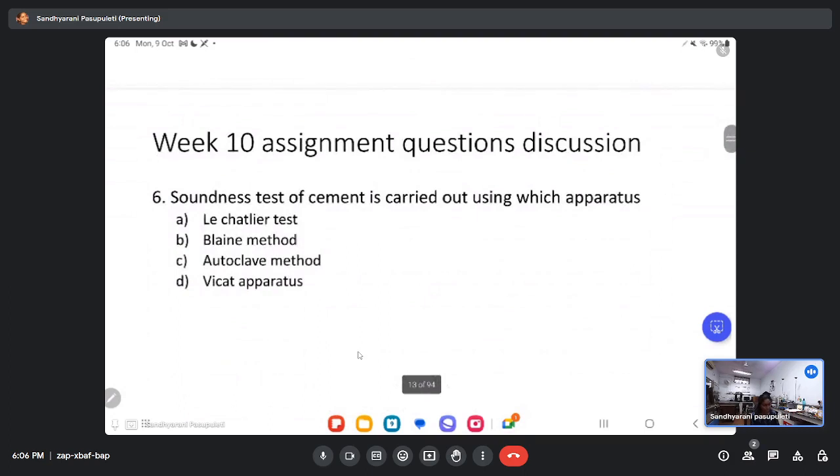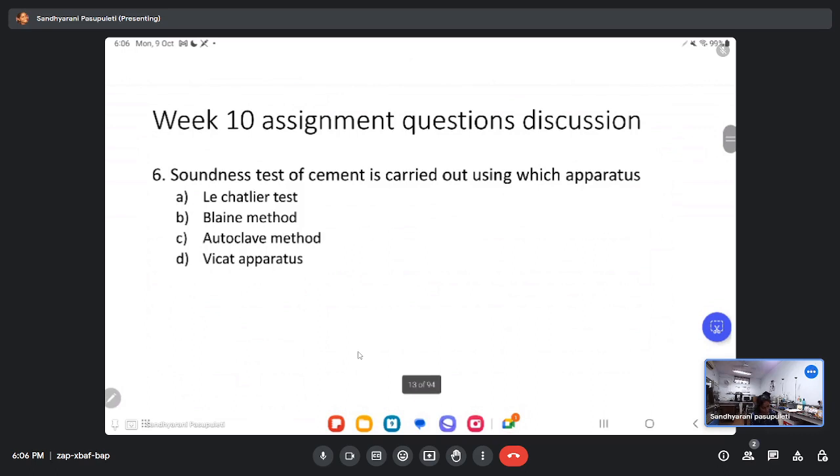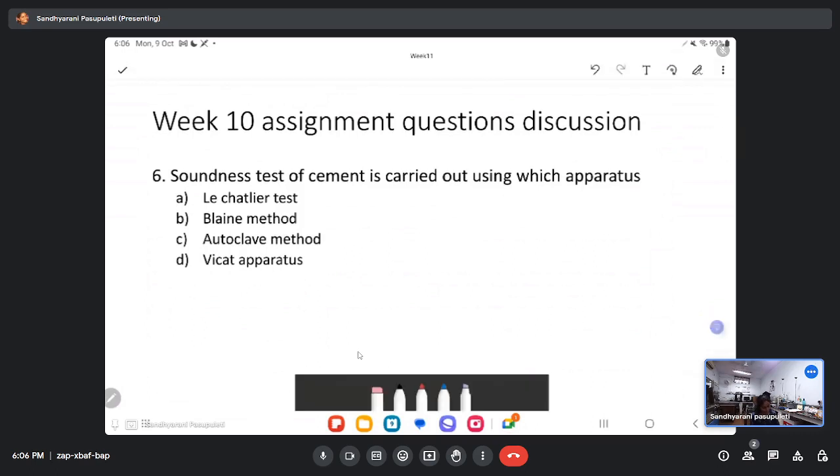Soundness test of cement is carried out using which apparatus? If we see the options, we know that the Blaine method is actually used to understand the fineness of the cement. So option B is not correct. And also this Vicat apparatus we use to understand the initial setting time and also final setting time of the cement. So Le Chatelier apparatus and also the autoclave method.